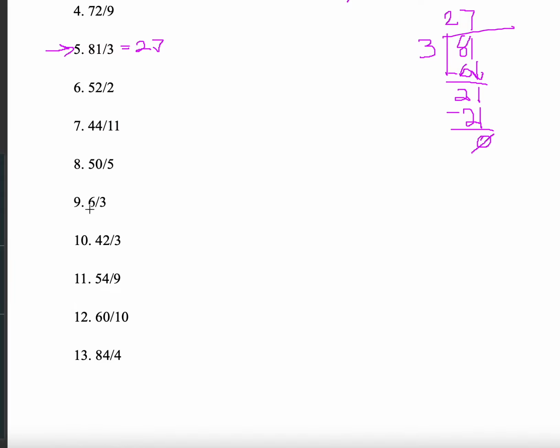Let's do one more. Let's look at number 12. So this is pretty simple. So once again, we can do that 0 trick. So we have 2 zeros. So we can pretend they're not there for a minute. And we know that 6 divided by 1 is equal to 6. Now we can bring back those zeros.